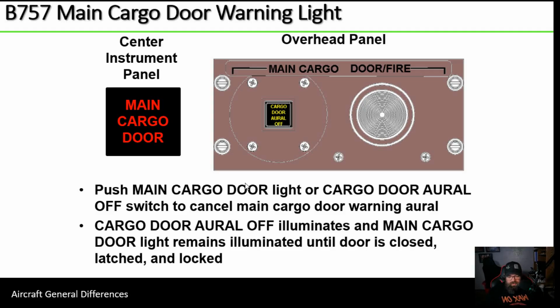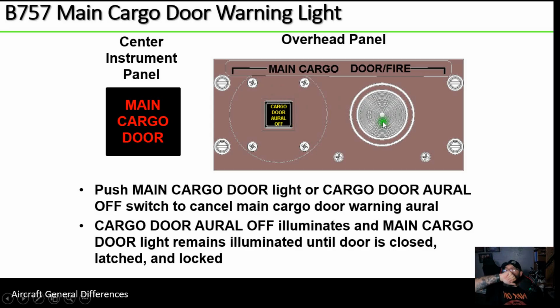So on the 7.6, you have a fire indication. You have the main cargo light that shows up on the panel. On the 7.5, you have this panel all the way up at the top there of your overhead, that horn on this side, this thing right here, that's going to go off whenever you have a main cargo fire. The switch right here, you hit it, and it silences that alarm.